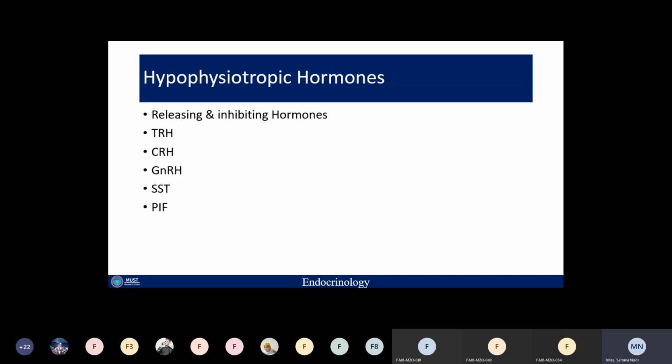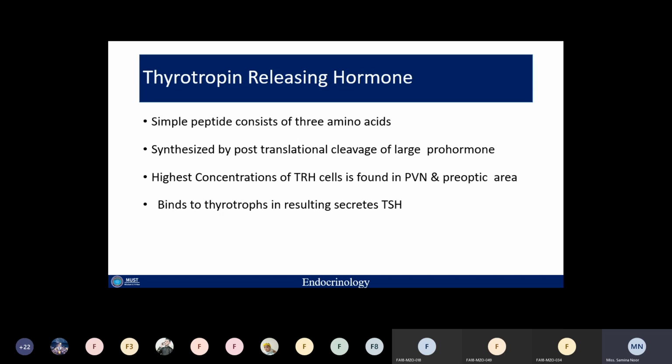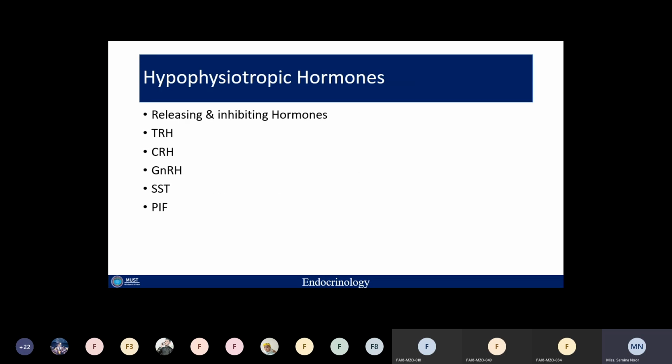One is known as somatostatin. Somatostatin is actually a growth hormone inhibiting hormone, and the second is known as PIF, or prolactin inhibiting factor, or a prolactin inhibiting chemical messenger. So two different types of inhibiting factors are secreted by the hypothalamus.